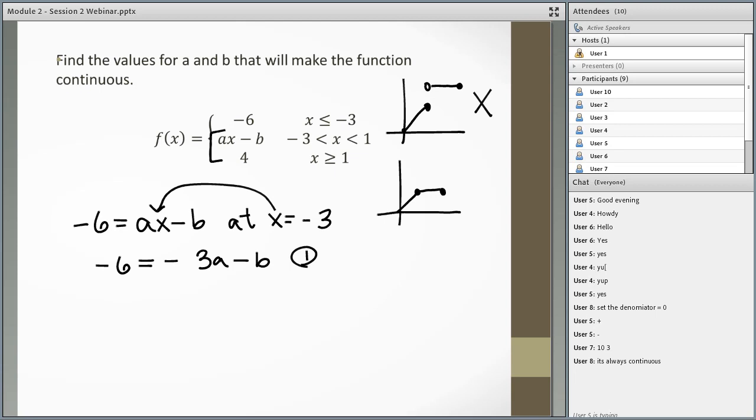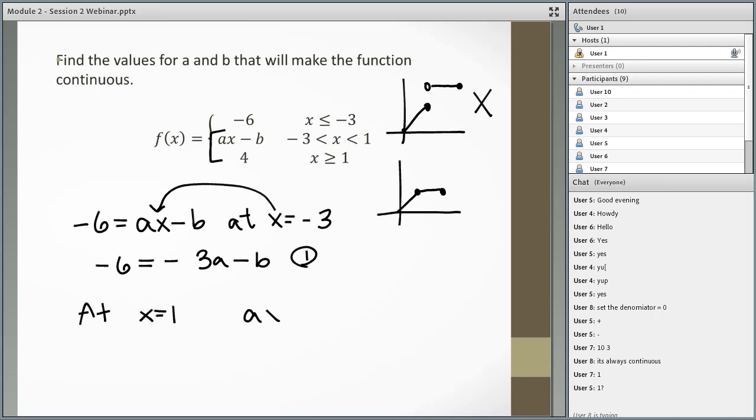And what x value do these two need to be joined together? Well, this one ends at 1. Good, 1. This one ends at 1, and this one starts at 1, which means that at x equals 1, I need those to have the same value so that if they're equal, there's no break in the graph. So because that one ends at 1 and the other one starts at 1, that's where I want them to be equal.